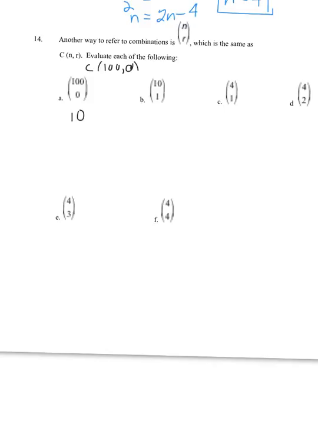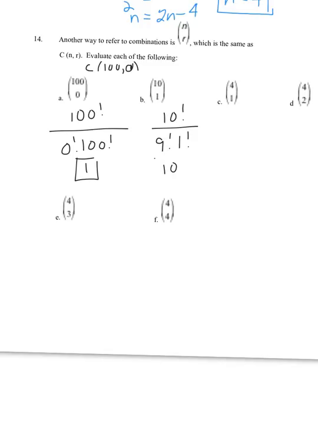This is going to be 100 factorial over 0 factorial, and then 100 minus 0 is 100 factorial. And obviously that's just going to give us a 1. 10 choose 1, that's going to be 10 factorial over 9 factorial, 1 factorial. And that is just going to give us 10 if you do the work. 4 choose 1, 4 factorial over 3 factorial, 1 factorial is just going to give us a 4.